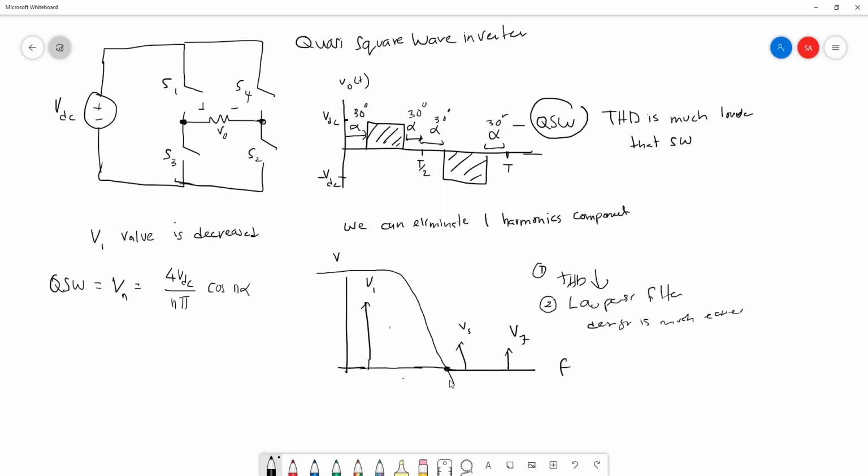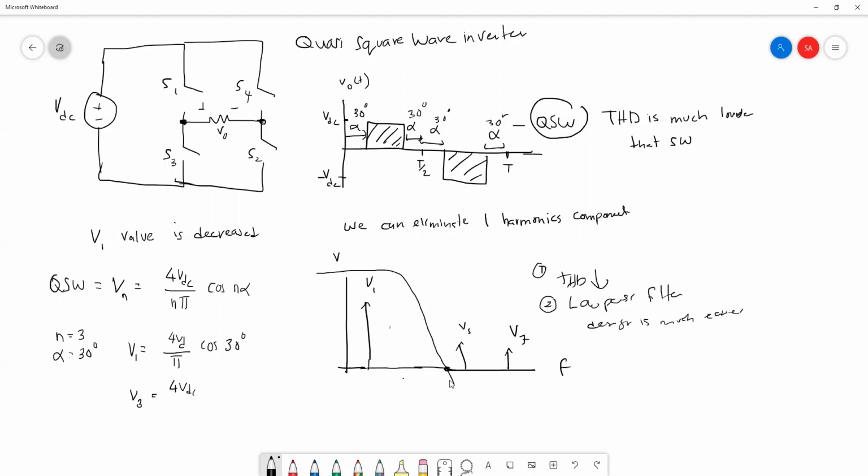If you want to eliminate harmonic number 3, where alpha is 30 degrees, your V1 has a value of 4 VDC over pi cos alpha, where alpha is 30 degrees.